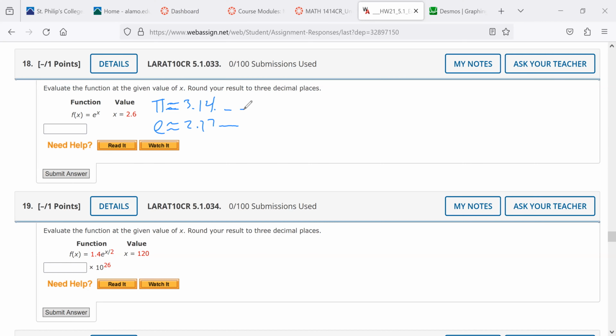So it's just a number in your calculator. So this is like almost 3. So plug it in your calculator and you'll get your answer. There's nothing really to do here. We plug this in to the X. There should be an E to the x button, so just press E to the 2.6. Not much to say.